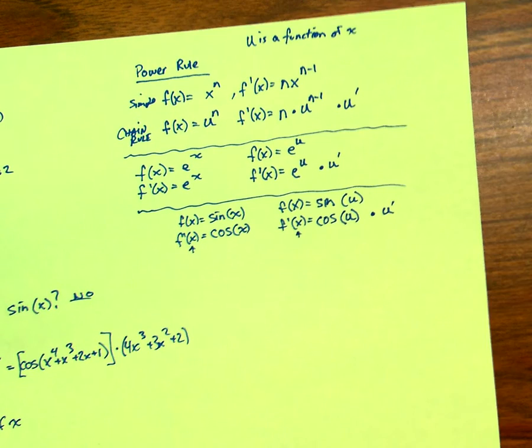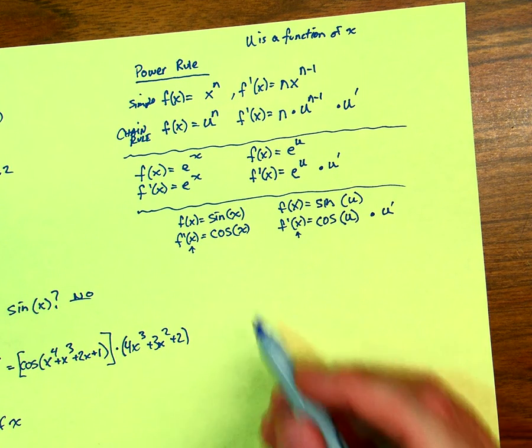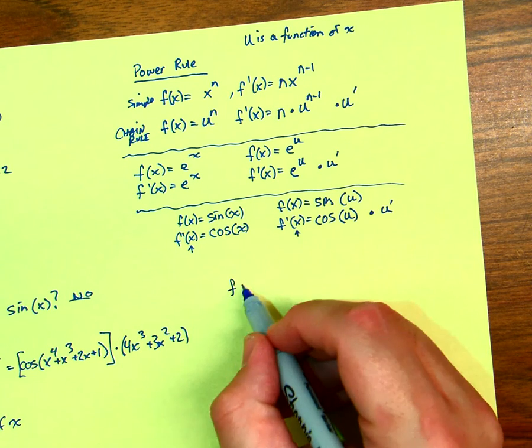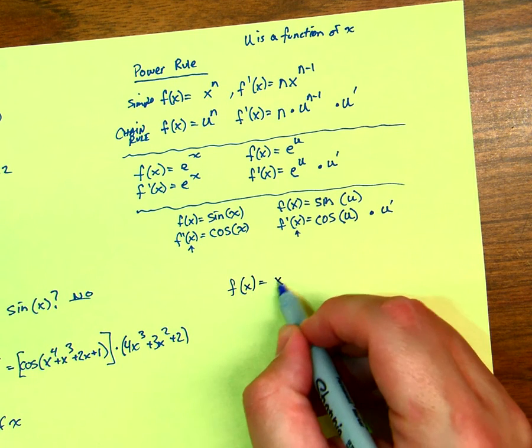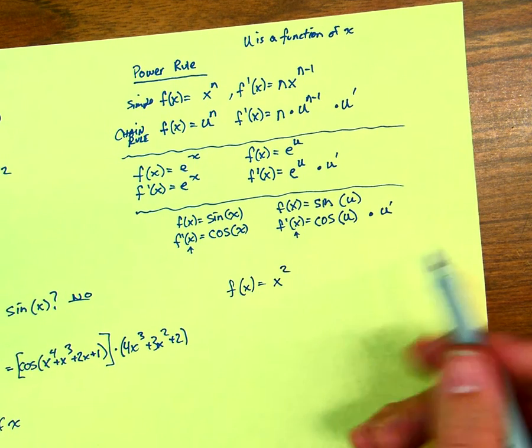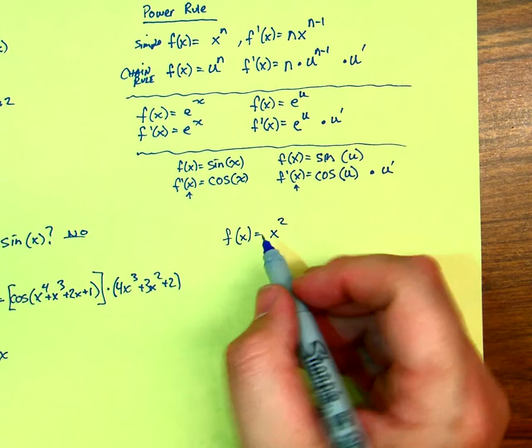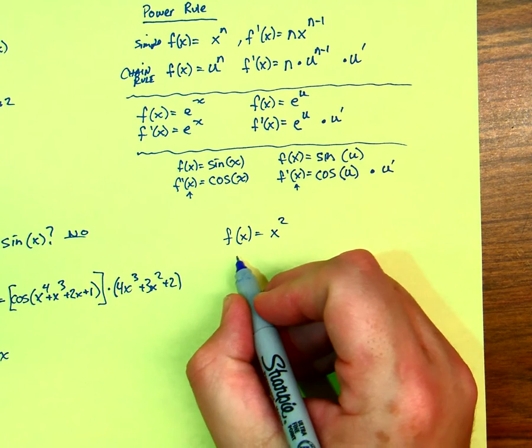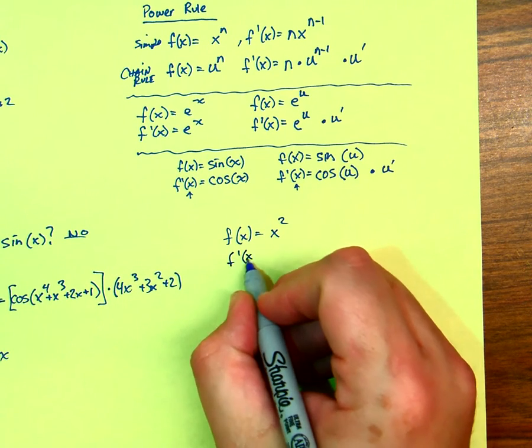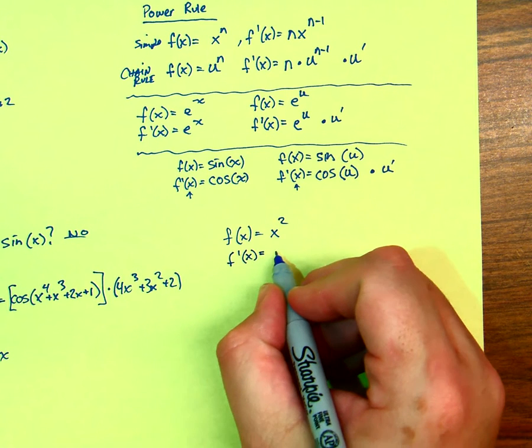x squared plus 2 is not x, even though there's an x in there. When that's the case, you have to use the chain rule. But if you apply this to everything, if we had f of x equal to x squared, and I apply the chain rule to this, f prime of x is equal to, well, let's say u is equal to x, because that's the thing that's being squared.